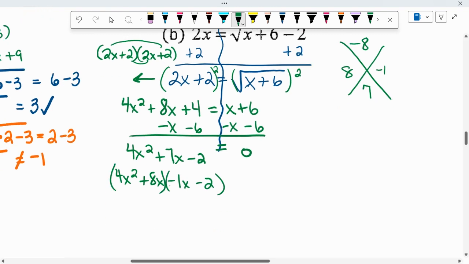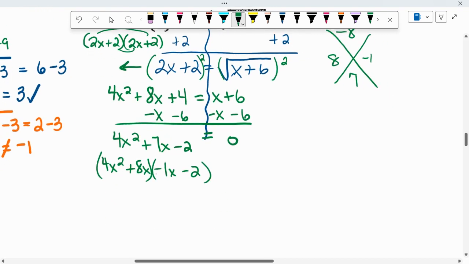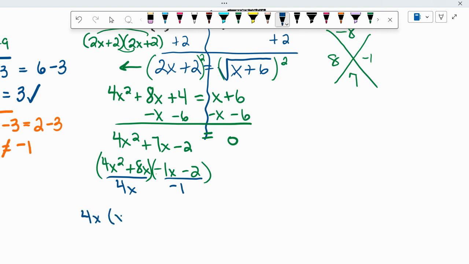I know you like the box better, probably. So what's the greatest common factor between 4x squared and 8x? 4x. What's the greatest common factor between -1x and -2? -1. When I take a 4x out, I'm left with x plus 2. When I take out my -1, I'm left with x plus 2.